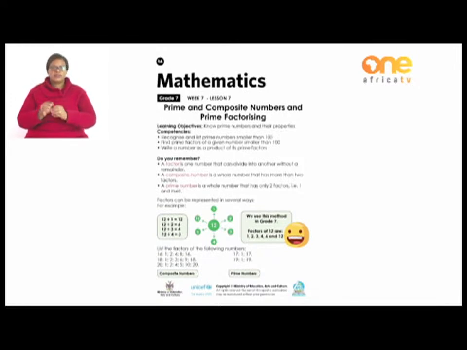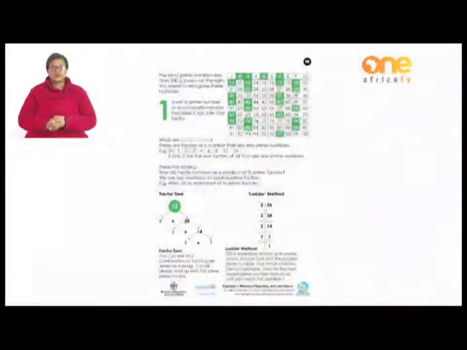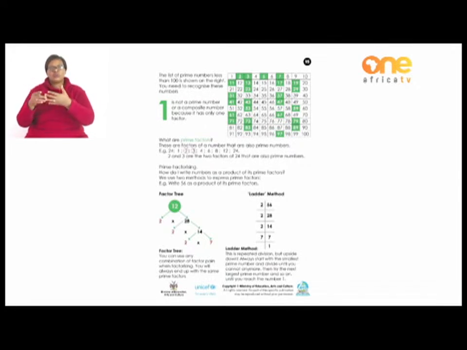Now we move to page 15. On page 15, reading, the list of prime numbers less than 100 is shown on the right, in the table. If you look in the table, you can see the numbers.